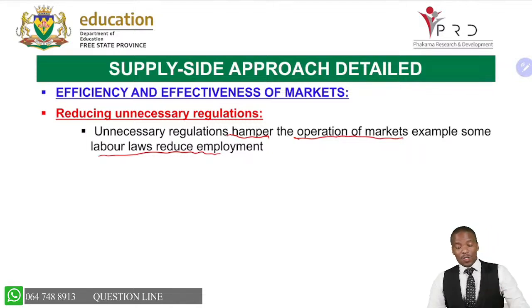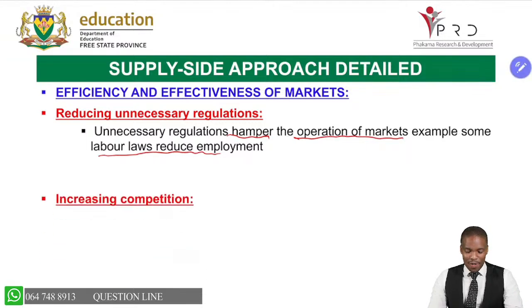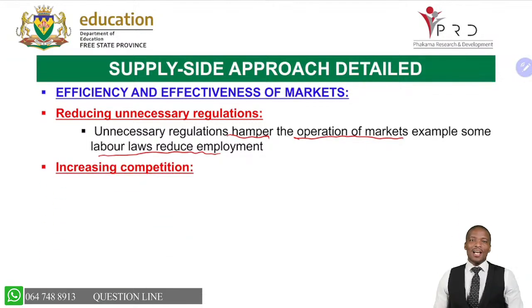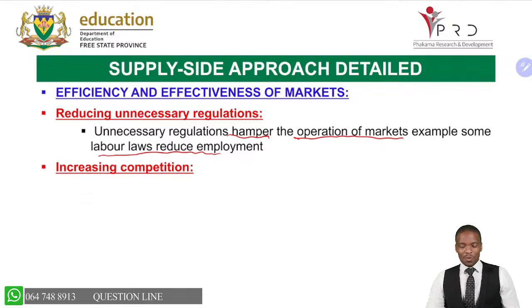So if those laws are removed, businesses can hire human resources in any way that they want and pay them salaries that allow them to make profit and to expand in such a way that economic growth and development will increase. Remember, this is associated with businesses, not the demand side approach.